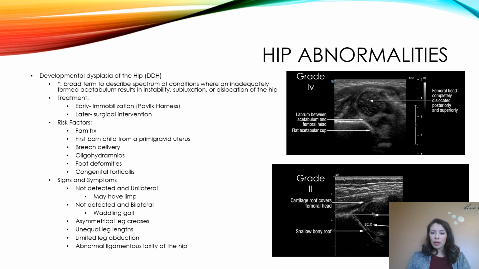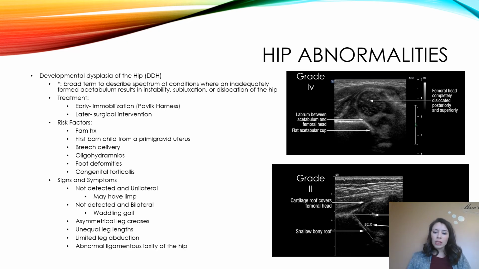So if you look at the pictures over here, you can see that here's the hip right here, and it's formed completely, but it's just dislocated posterior and superiorly. And you can see the labrum right here, between the acetabulum and the femoral head, and here is a flat acetabulum.